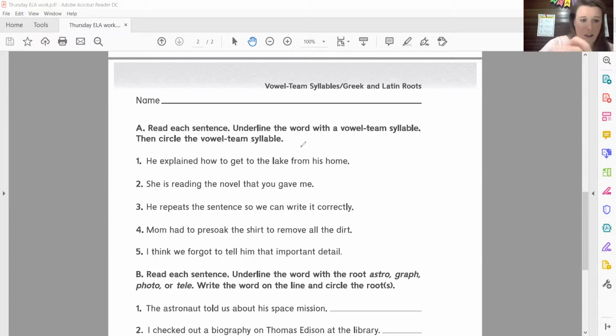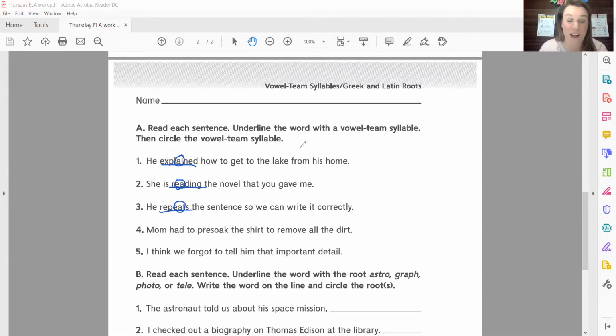So you should have found the word explain. I'm going to underline it, and then circle the vowel team, which is IA. IA says A. Then you should have found the word reading, and circled EA. EA says E in this case. Then you should have seen the word repeats, and circled EA.